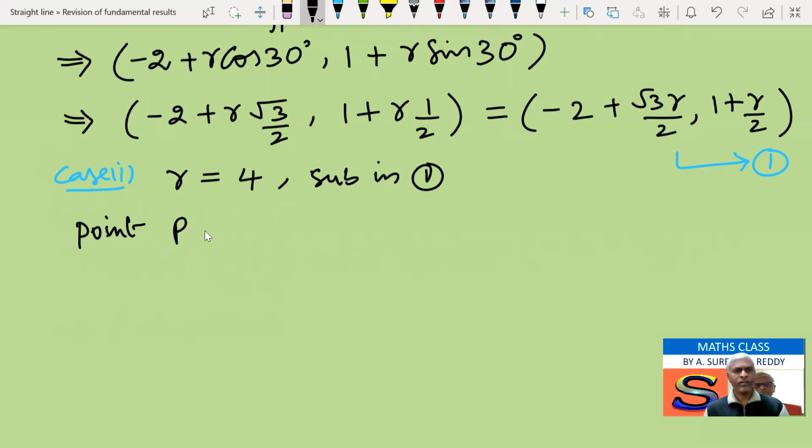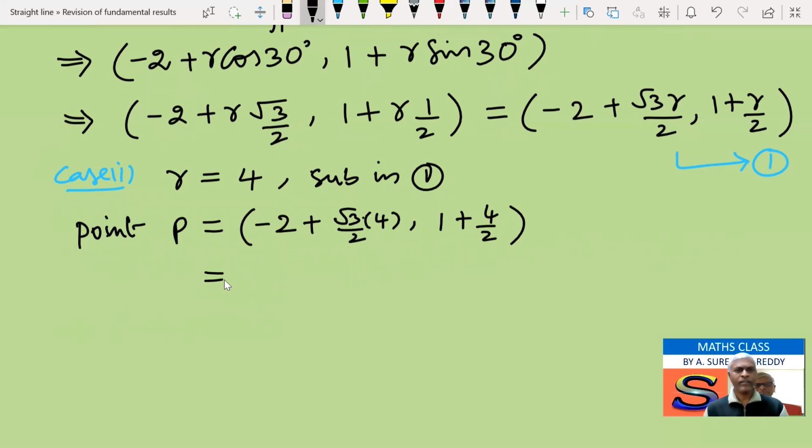Let us call it P. So -2 plus root 3 by 2 in place of r, 4, 1 plus 4 by 2.